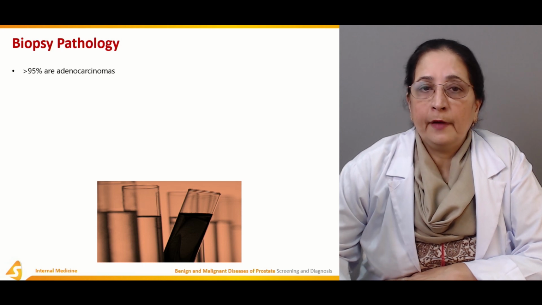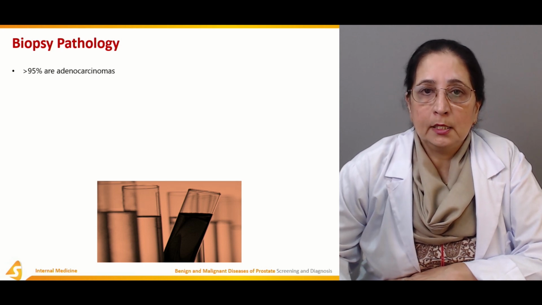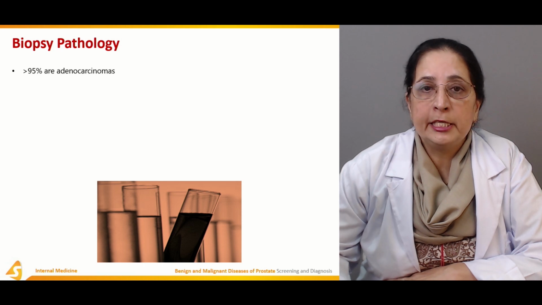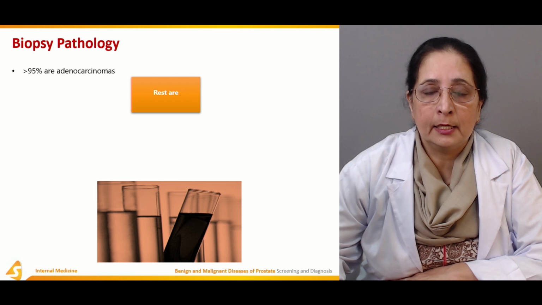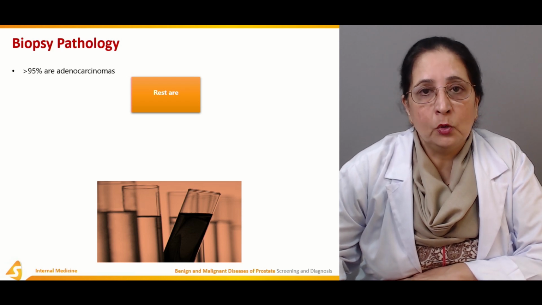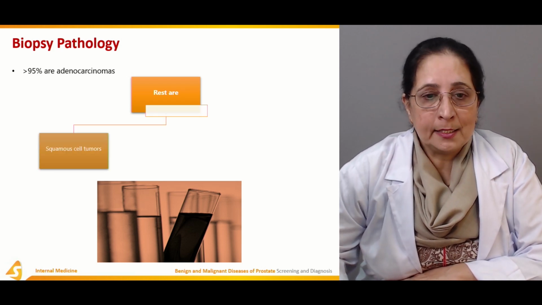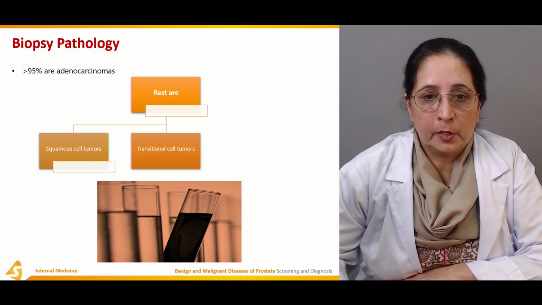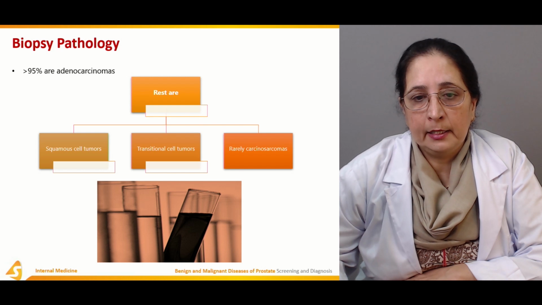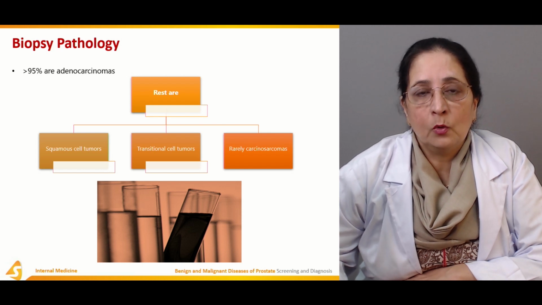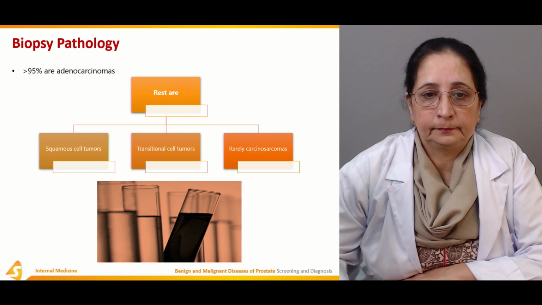More than 95% of the prostate cancers are adenocarcinoma. It's a glandular tissue. Prostate is a gland, so it's adenocarcinomas. The rest are squamous cell tumors, transitional cell tumors, and carcinosarcomas.